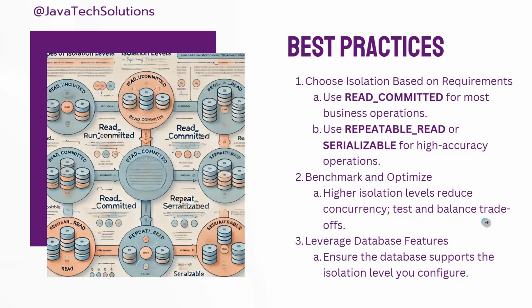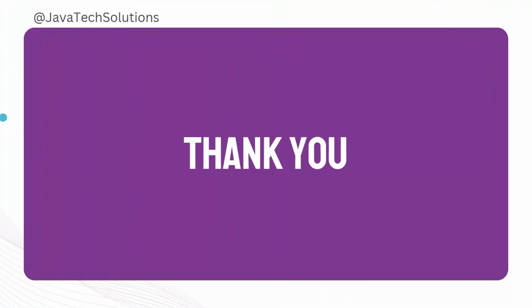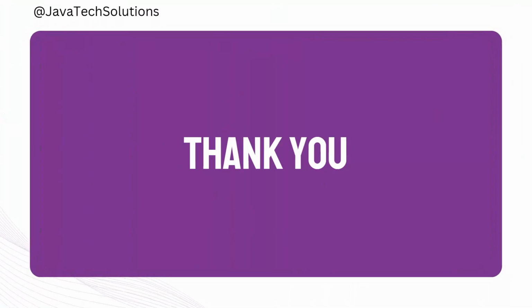Leverage database features: ensure that the database supports the isolation level for your configuration. So these are the practices we are going to apply. Overall, this is everything about isolation types in Spring Boot applications. I hope it's clear to you all.